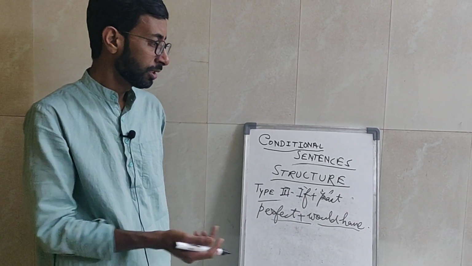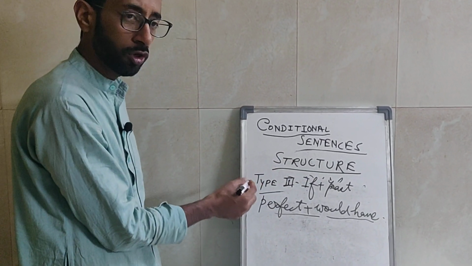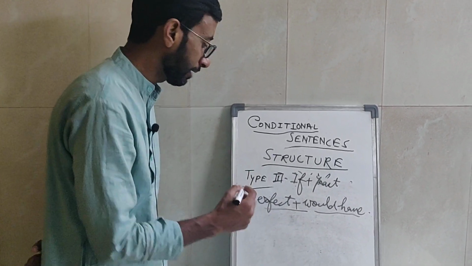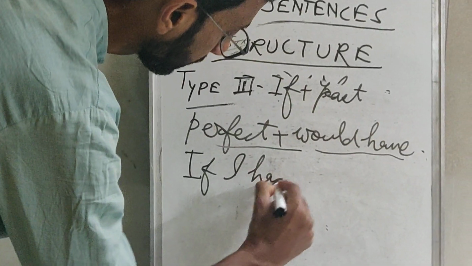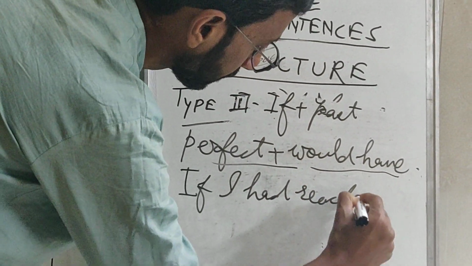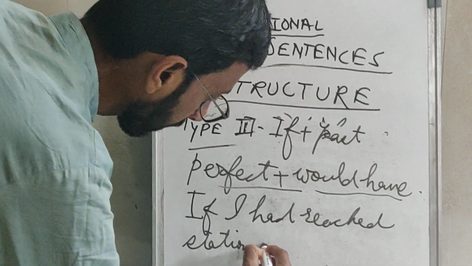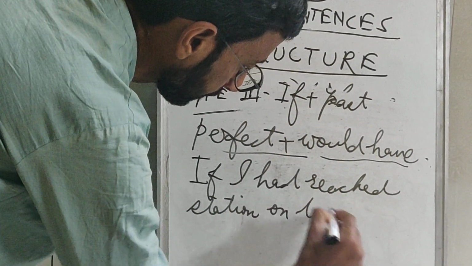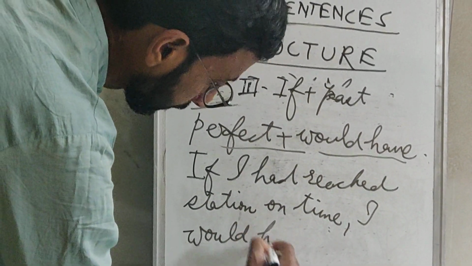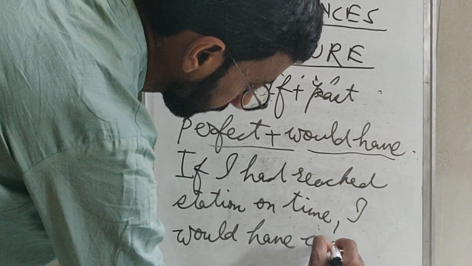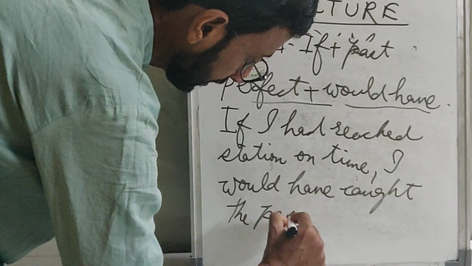Just to describe that condition, the speaker can take help of conditional sentence type third, which talks about impossible conditions, and in that case he will say, if I had reached the station on time, I would have caught the passenger train.